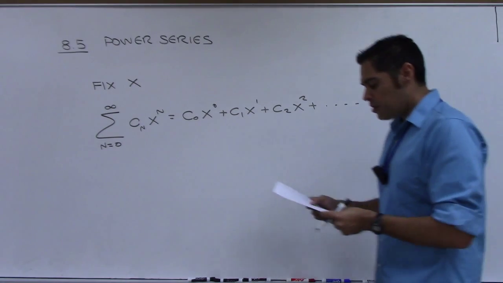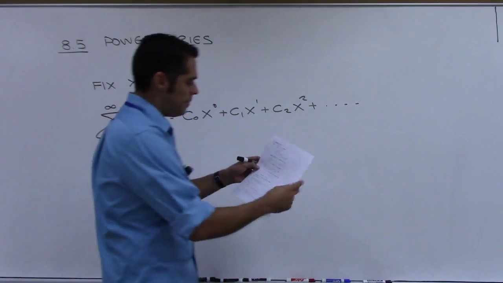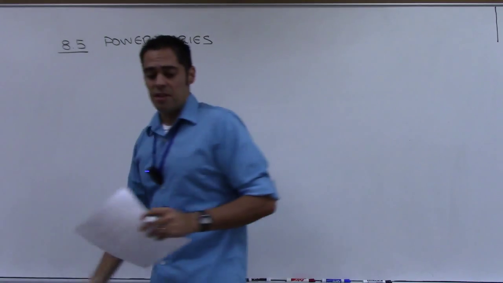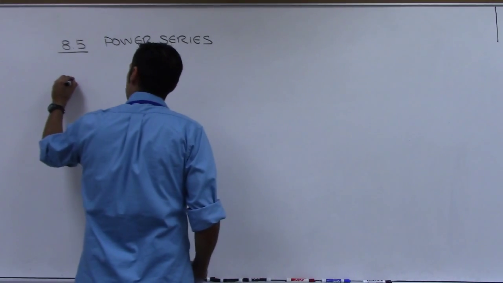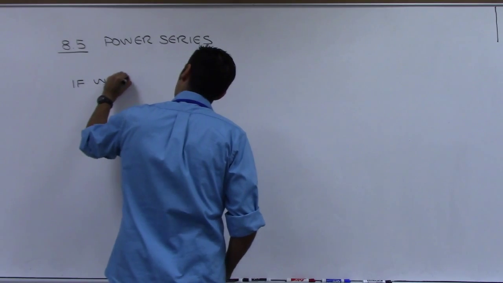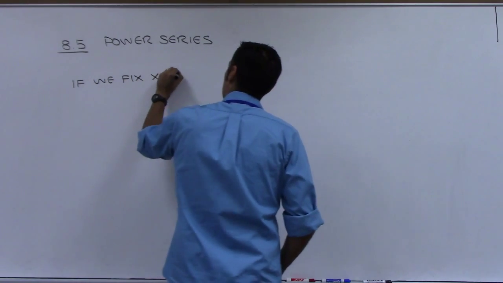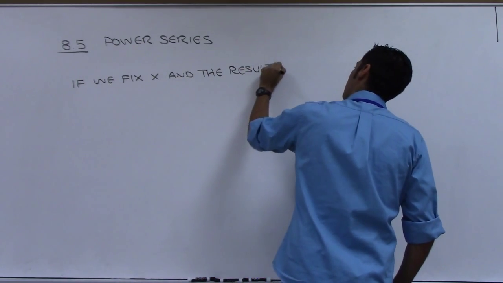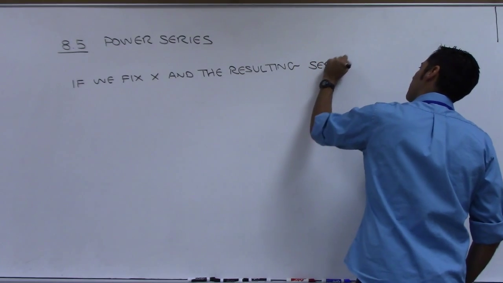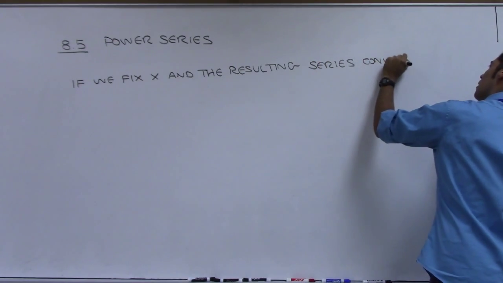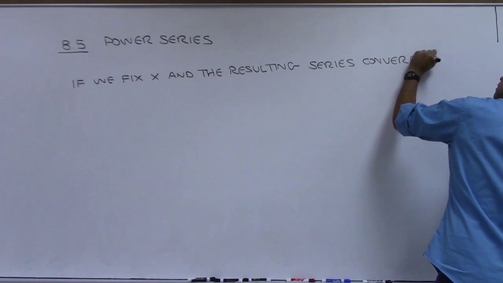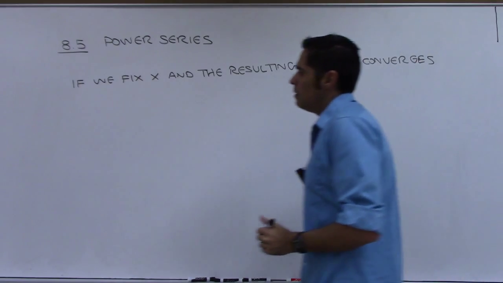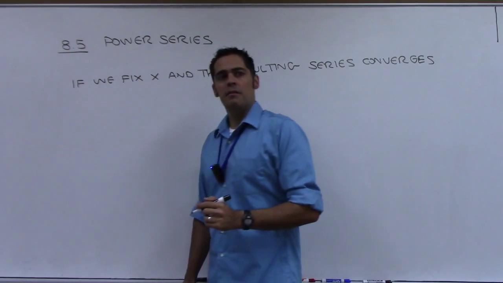Okay, so, I'm about midway through the page here. If x is a value for which the series converges, so if we fix x and the resulting series converges, then it goes to a number, right?